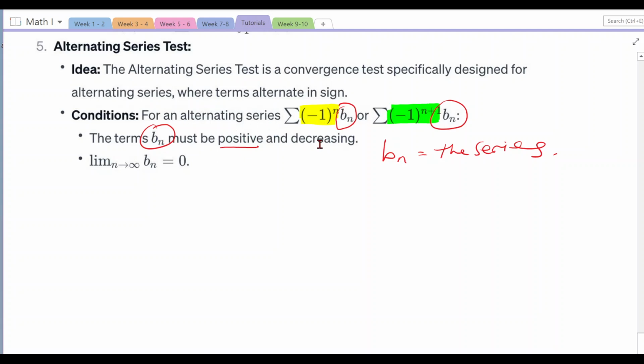And this must be decreasing from the first term to the second term, the third term, and so on. In other words, the word decreasing here means that if we use the expression, Bn must be greater than Bn plus 1.